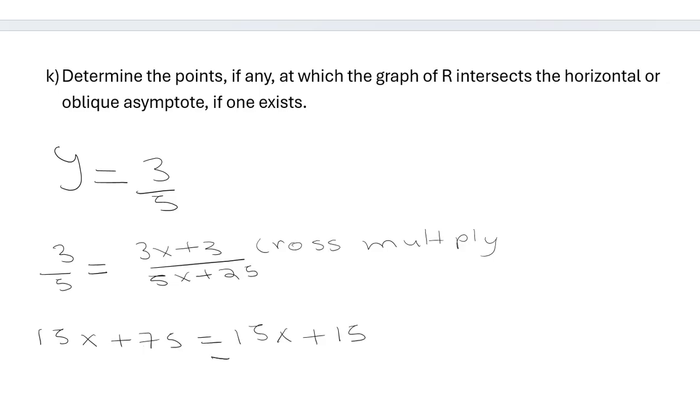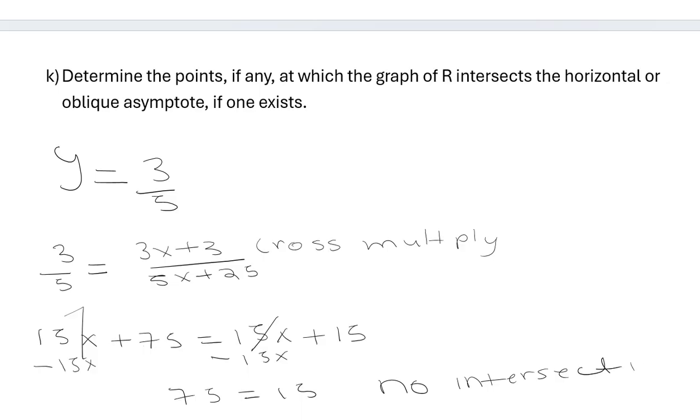So I'm going to move this x, move this x. The x's are going to cancel. So I am left with 75 equals 15. Is this true? 75 equals 15? No, it is not. So there's no intersection. No intersection.